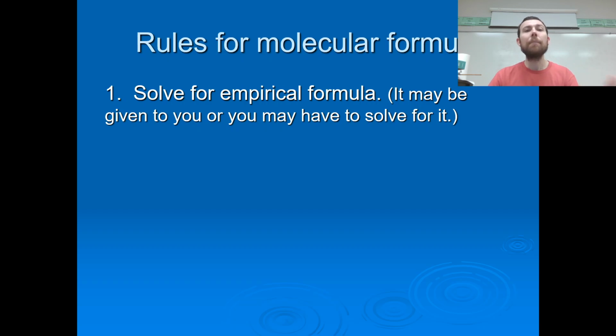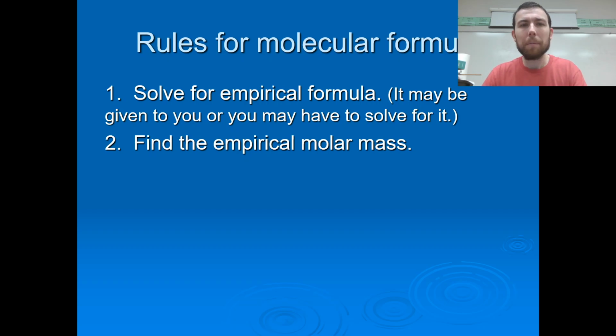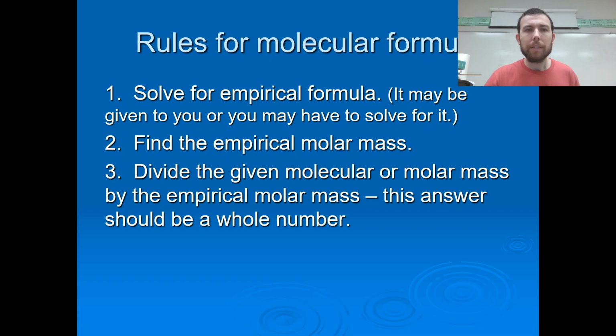So once you have the empirical formula, your next step is going to be finding the empirical molar mass. Now again, that's probably going to be embedded within the problem, and so they're probably going to tell you what the molar mass of it's going to be. Now you're going to use that molar mass that they've given you, and you're going to divide it by the empirical formula molar mass, right?